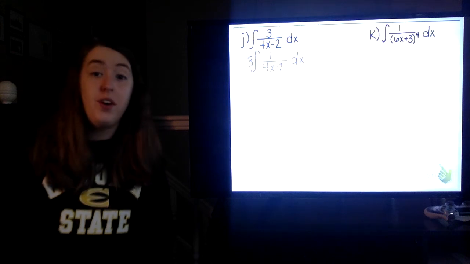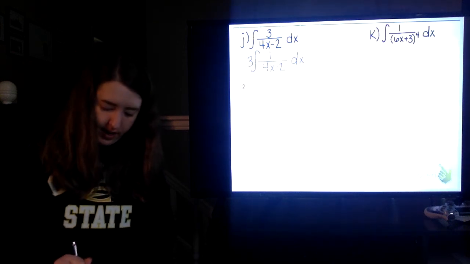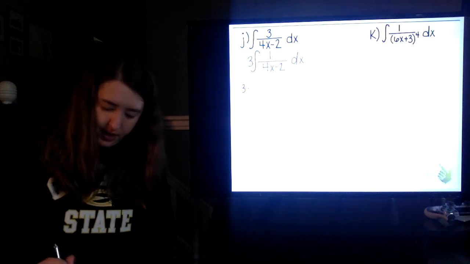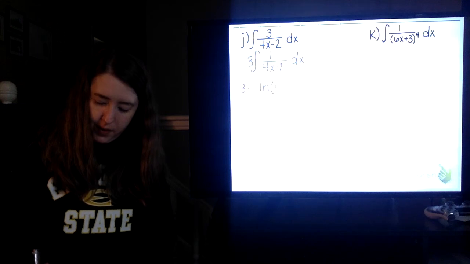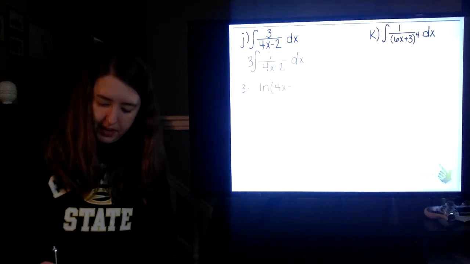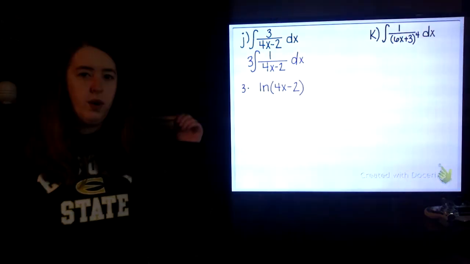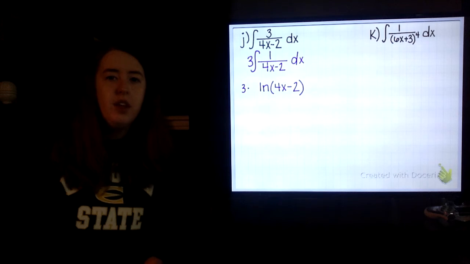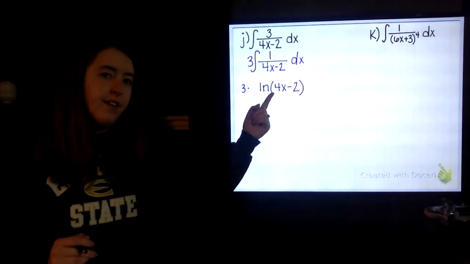If we think about 1 over x, what's the integral of 1 over x? The integral of 1 over x is natural log. So right now I have 3 times, and then we knew this was going to be natural log of whatever was in the denominator of that fraction, 4x minus 2. Here, 4 is my a value.